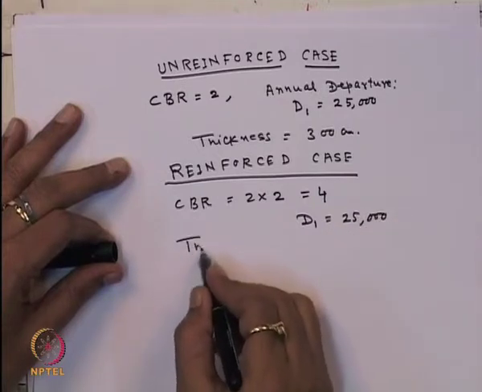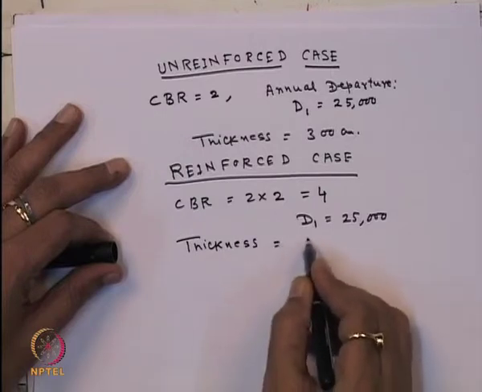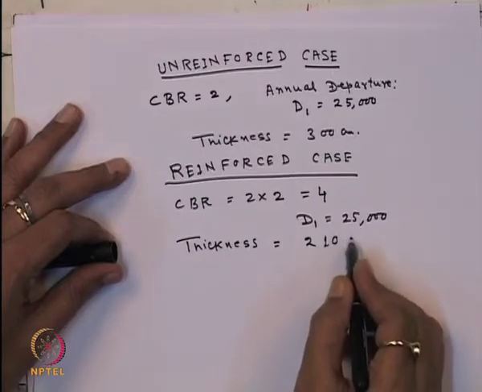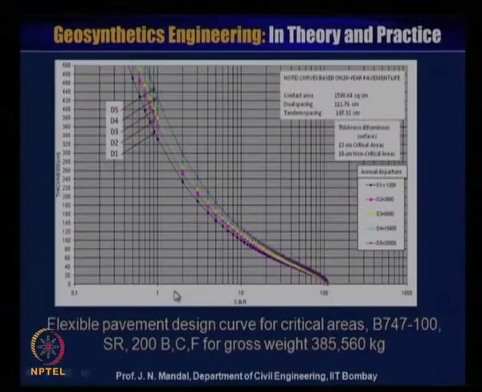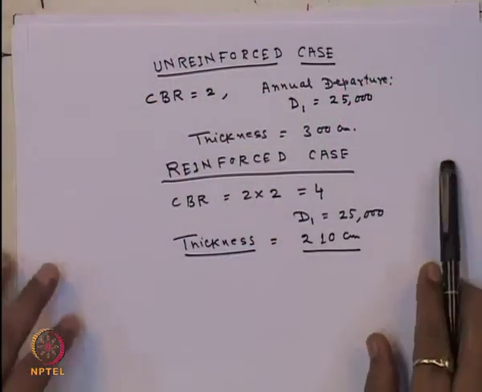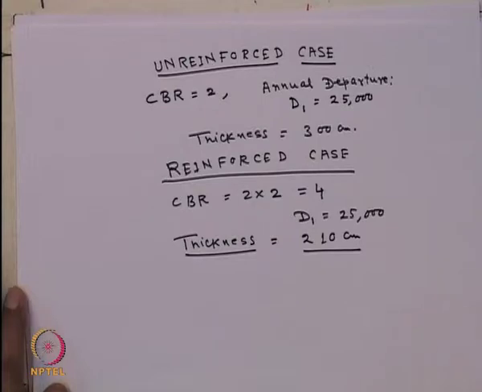So you can calculate the thickness from this design chart, and that will give you about 210 centimeter. So when it is 4, you can calculate the thickness about 210. That means the reduction of the thickness due to the introduction of the geosynthetic material is about 30%.